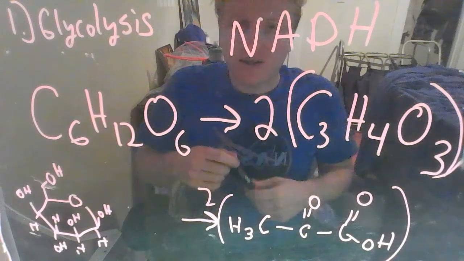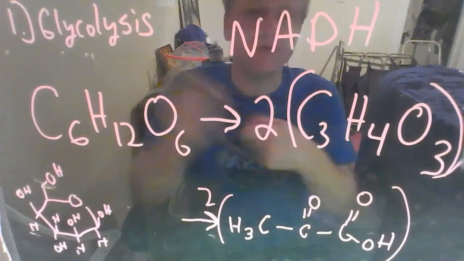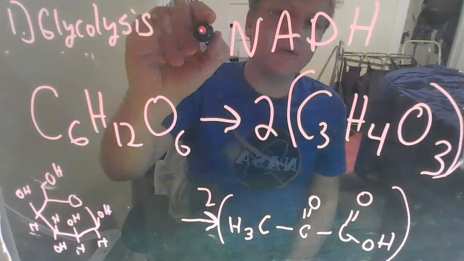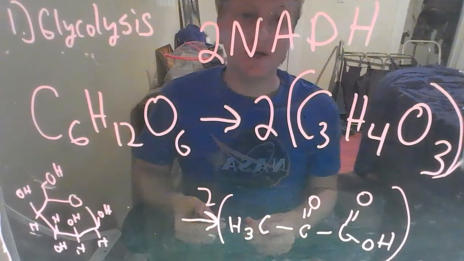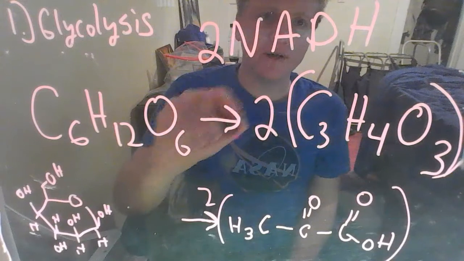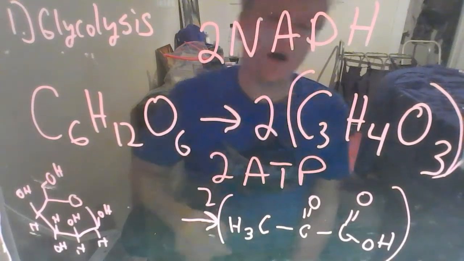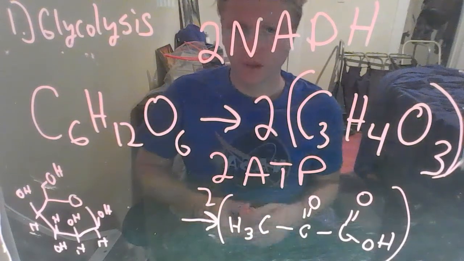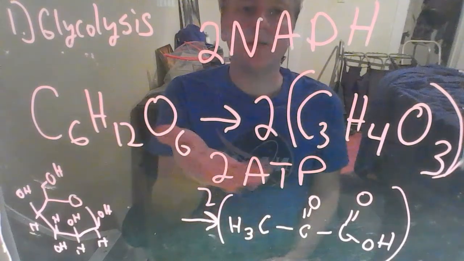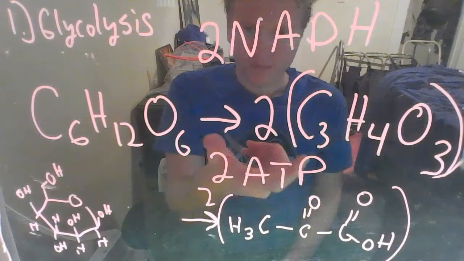Okay, so in glycolysis, you are taking this molecule here and breaking it into 2 pyruvate molecules. You get 2 pyruvate molecules, you wind up getting 2 NADH molecules, and you also wind up getting 2 ATP molecules from this. These ATP molecules are generated when you're breaking those bonds.